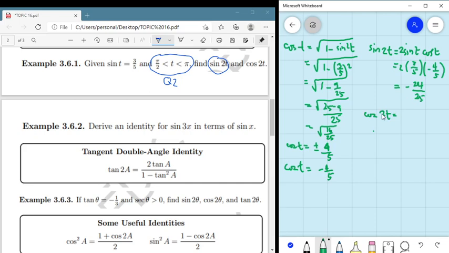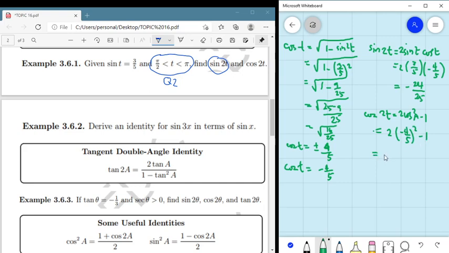For cosine 2t, it can be cosine squared a minus sine squared a, or 2 cosine squared a minus 1, or 1 minus 2 sine squared a. Let's use 2 cosine squared a minus 1. So it would be equal to 2 times negative 4 over 5 squared minus 1.